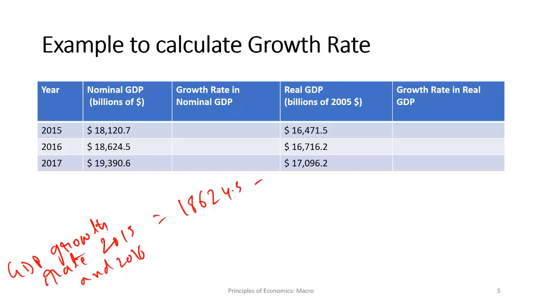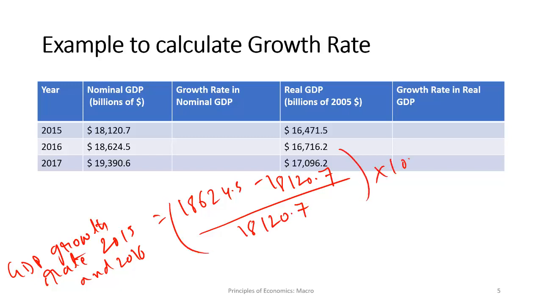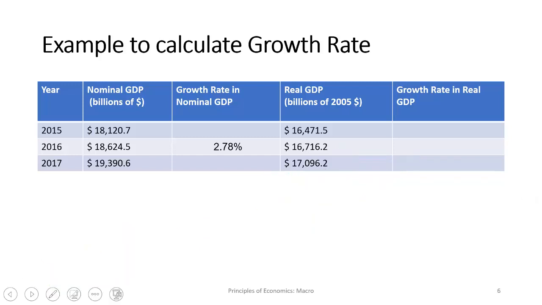From it, you subtract the previous year's GDP in 2015, which was 18,120.7, and you divide it by the previous year's GDP, 18,120.7, and you multiply the whole thing by 100. And what you get is the GDP growth rate between 2015 and 2016.